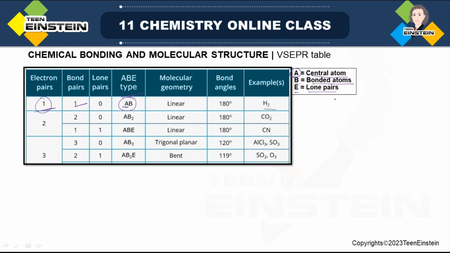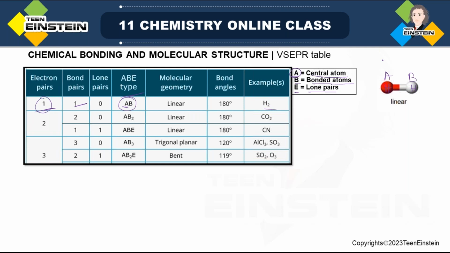So in hydrogen, though it is a diatomic symmetrical molecule, you can consider as if one hydrogen is A. Suppose this is one hydrogen, this is another hydrogen. So suppose this is A, this is B. I'm just saying that you have to treat one hydrogen as the central atom and the other hydrogen as the bonded atom, B. That is just to compare with the general form.